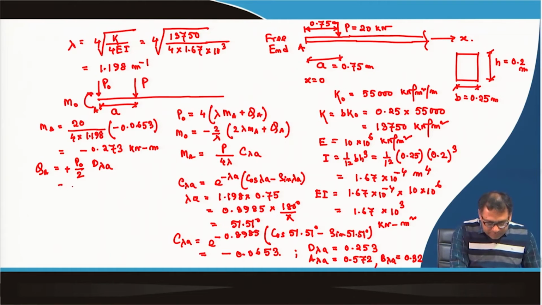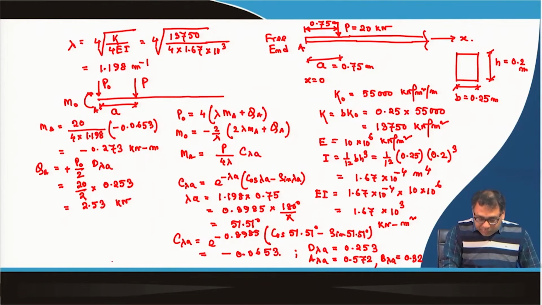So, it will be P 0 is 20 divided by 2, and d lambda A is 0.253. So, this value will be 2.53 kilonewton.